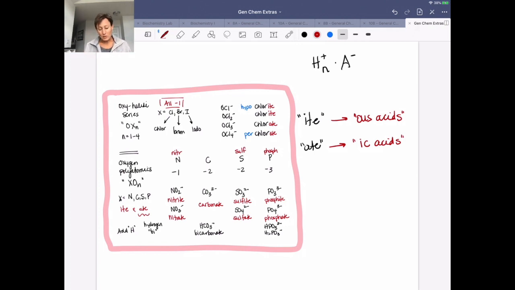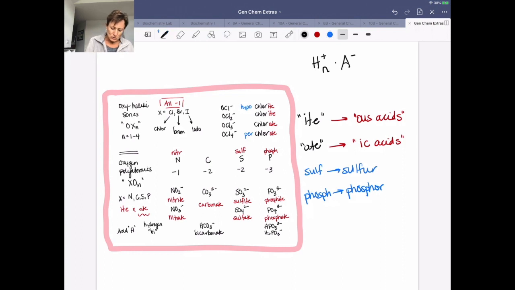All right, so the other piece that we have to highlight here is that some of our roots become a little bit different, particularly the sulfur and the phosphorus roots. So that sulf root becomes sulfur, and that phos root becomes phosphor.